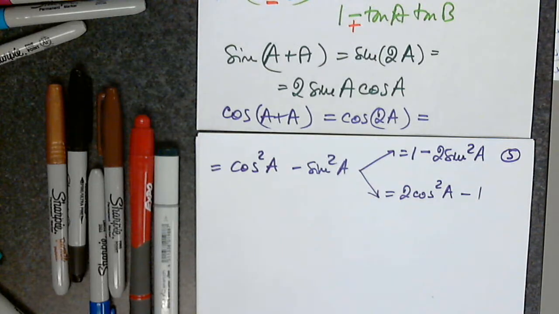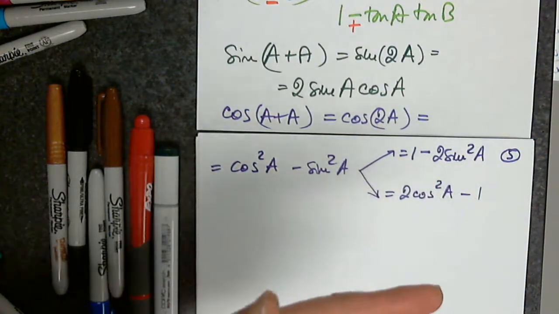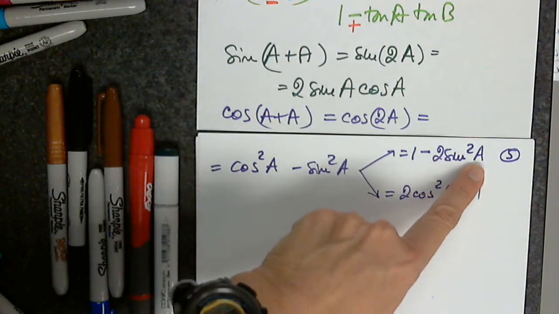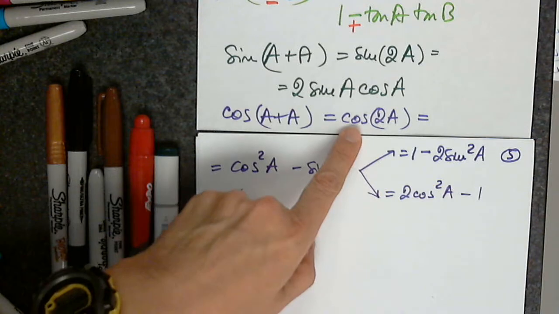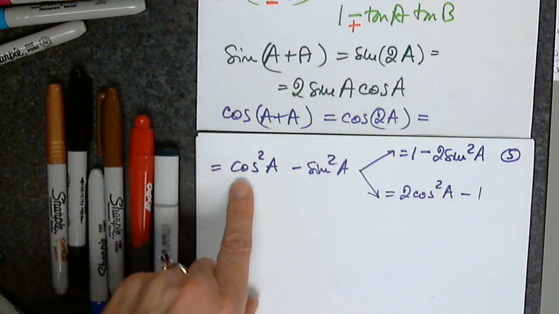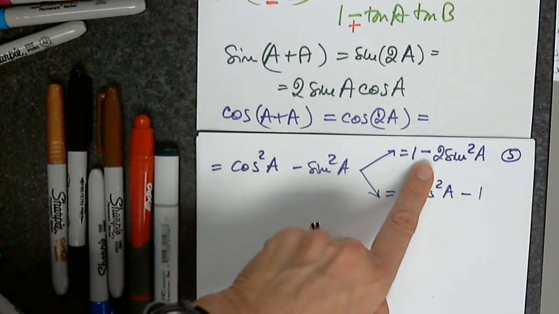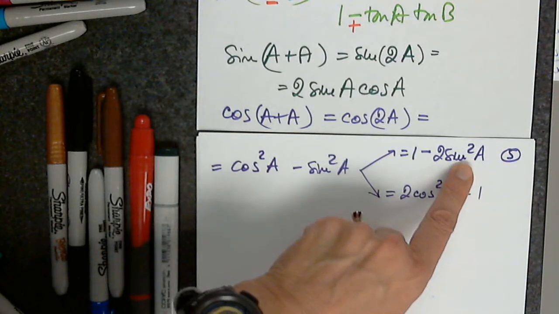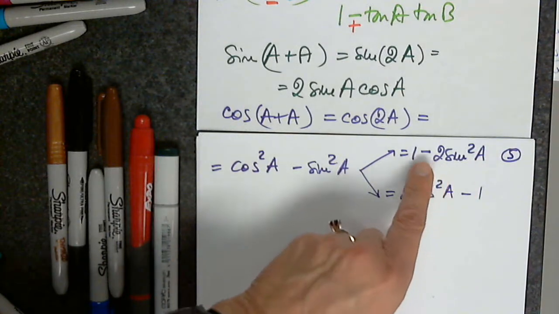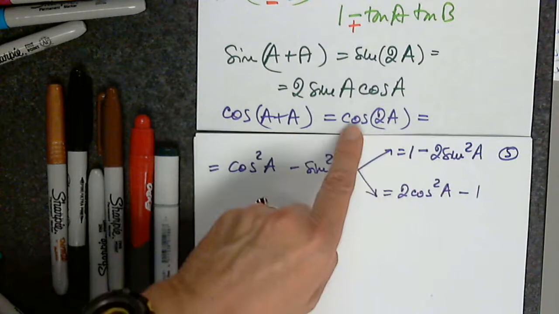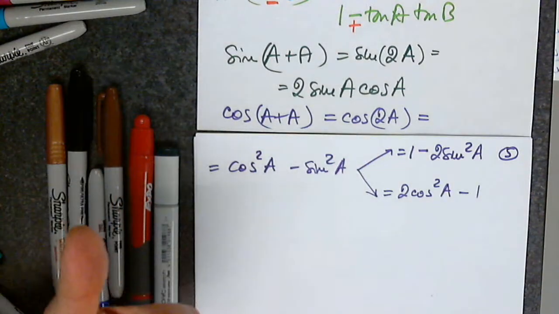So why do we need this? You will see in a minute why. But one reason is I may be given sine of A and may be asked to find cosine of twice A. I'm not going to find the other one. I'm going to use this formula. So if I'm given sine, I'll square it, multiply by -2, and add 1 to get that. What if I'm only given cosine A?